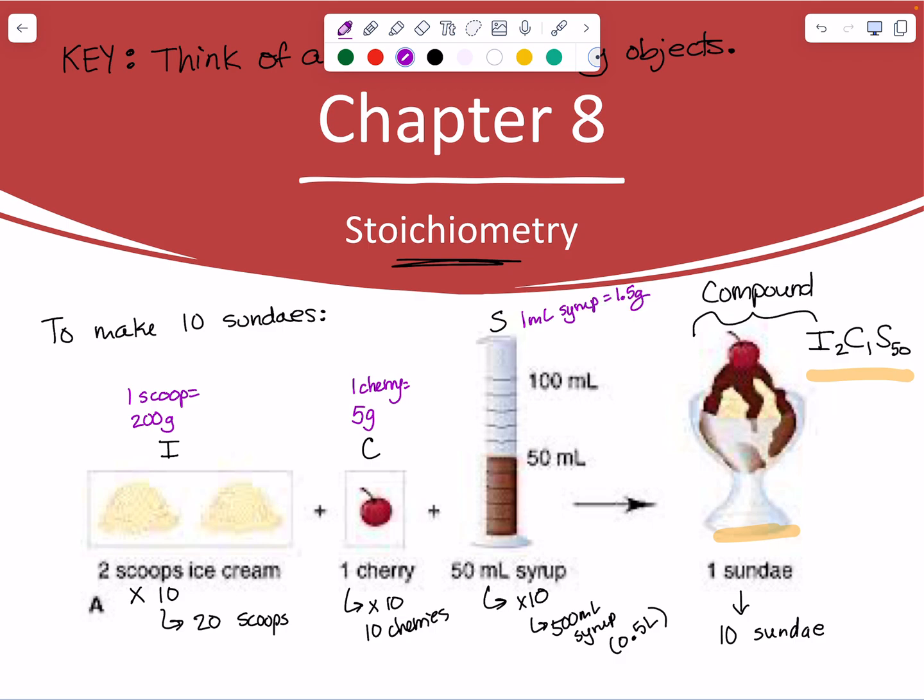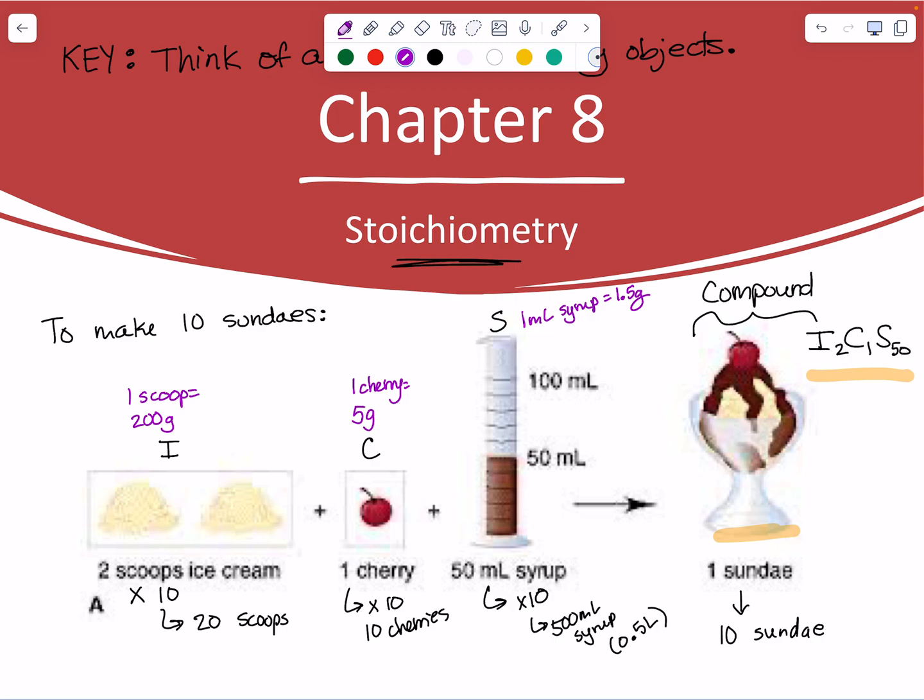All right, so we're going to start by talking about percent composition. Next class we'll do some chemical examples, but let's calculate the percent composition of ice cream in our ice cream sundae.